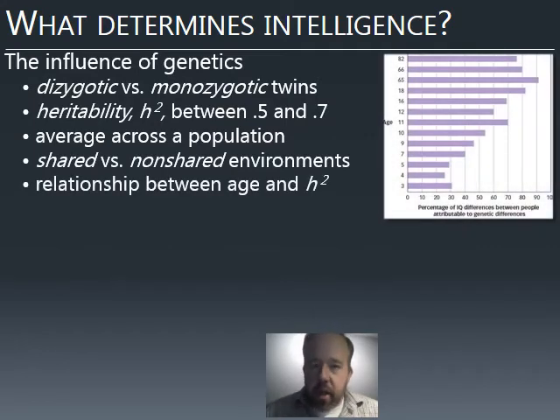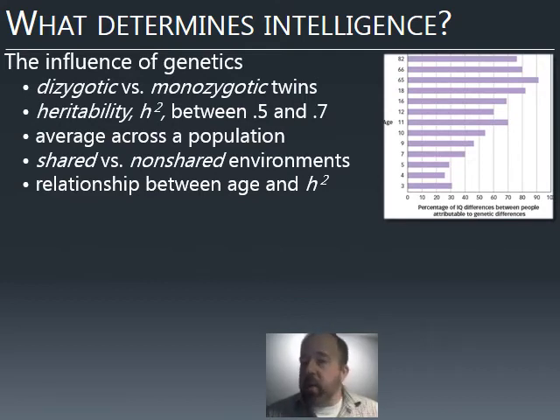What's also interesting is that heritability, h squared, has a relationship with age. For young children, that heritability is really pretty low. That is to say that the amount of variability between children that's accounted for by genetic factors isn't that big, because they tend to have such widely different environments.